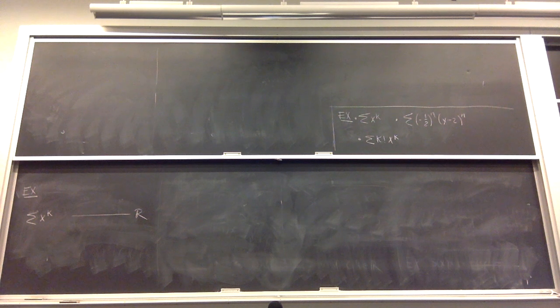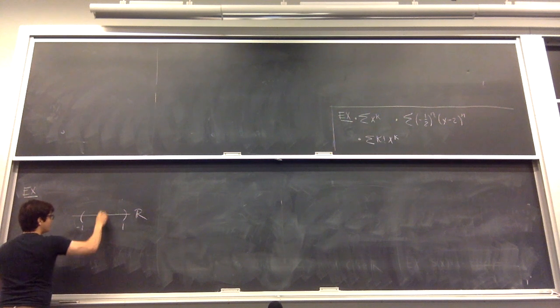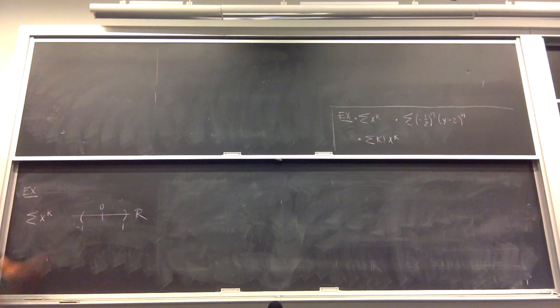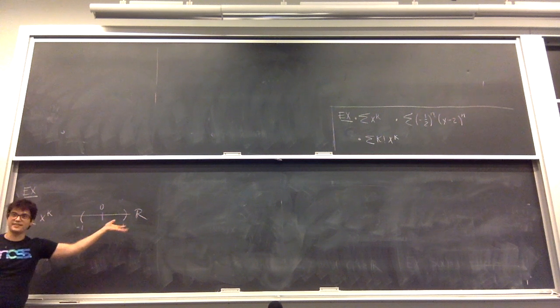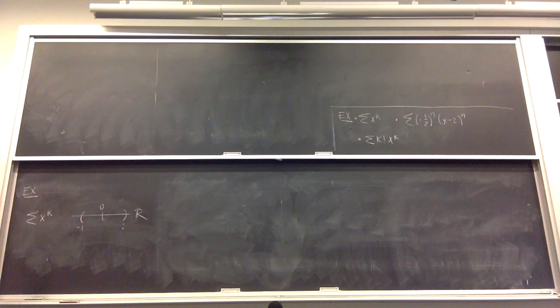We determined that this was convergent for the absolute value of x less than 1. When the absolute value of x is less than 1, this is just the geometric series. Right? So I can write it like this. We have minus 1, 1, 0. Okay, so this is the picture of the interval of convergence. It's centered at 0. What's the radius? 1, right? Just don't make a common mistake of saying the radius is the diameter. It's half the diameter, because we're always at the center and we can always go out in either direction.